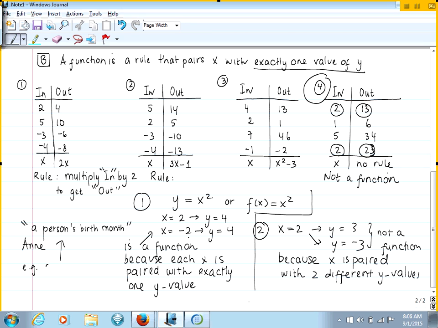This is an example of a function which is non-mathematical, because I could only have 1 birthday. Can you give another example of a function that is non-mathematical?